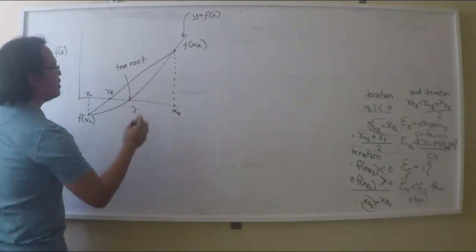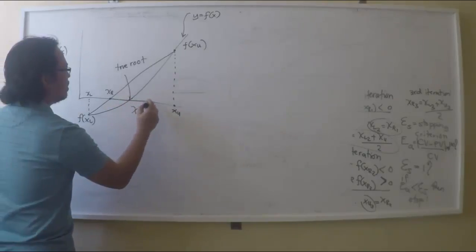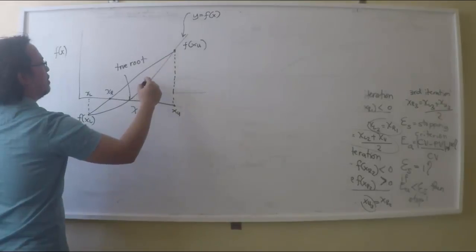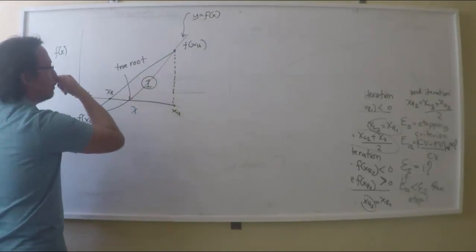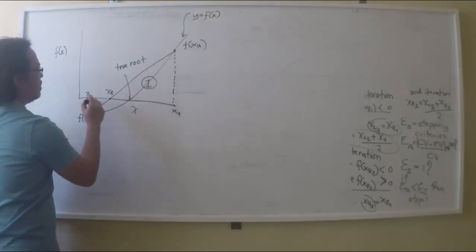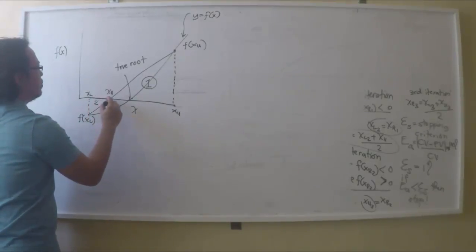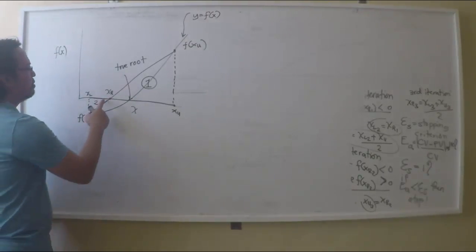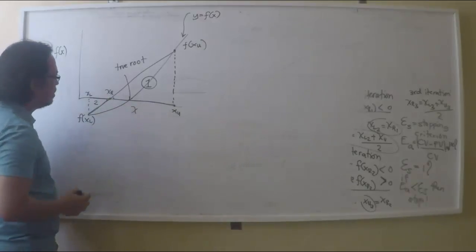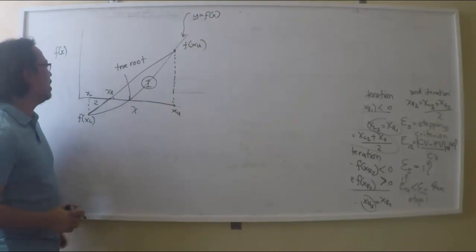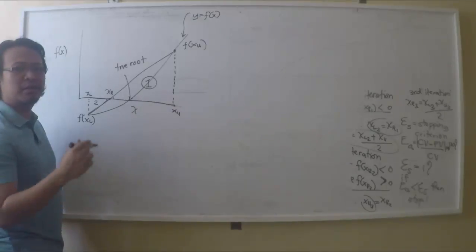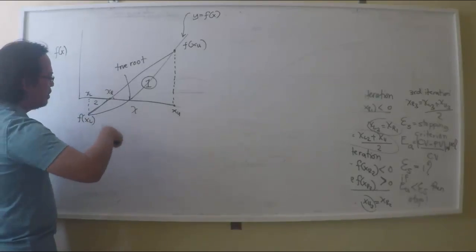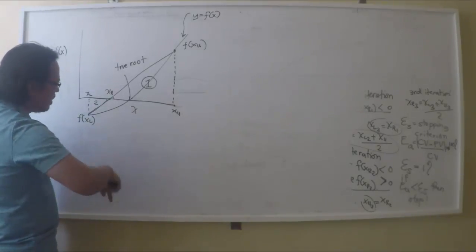As you can see, that is quite simple. Look at this triangle here. I will make here a triangle 1, this big triangle, and there is another small triangle here, triangle 2. Okay, as you can see, they are similar because of this angle here, the same angle. So they are similar, and so you can write the similarity ratio. F of xl is negative. Remember, it's in the downward y-axis.